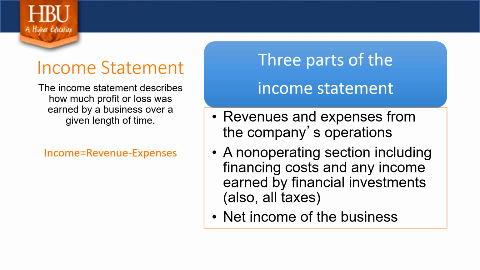That includes financing costs and any income earned by financial investments that the company has. It also needs to include taxes. The last part of the income statement is the net income. Please remember, as I referred to earlier, there is a sample of this in figure 6.2 on page 115 in your text.